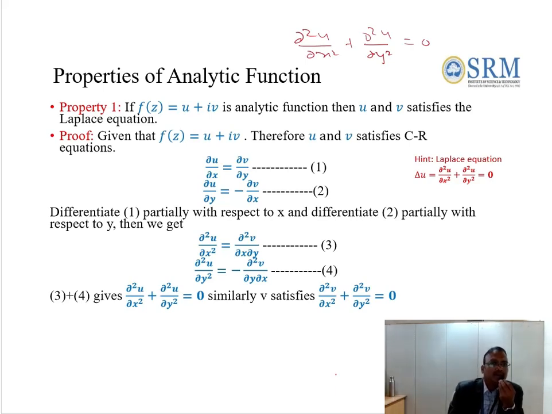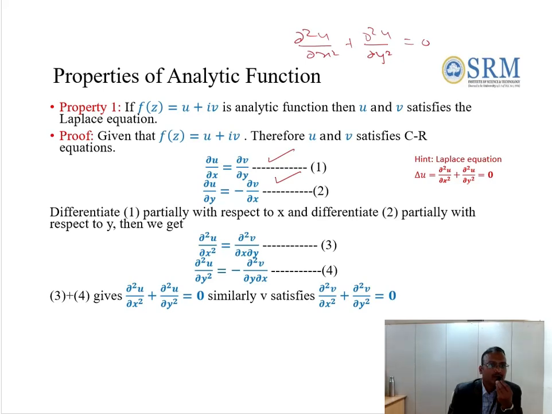See what is given to us? The function f of z is analytic. Therefore it satisfies the CR equations. The first equation is dou u by dou x equal to dou v by dou y, and the second equation is dou u by dou y equal to minus dou v by dou x. Then differentiate the first equation partially with respect to x and the second equation partially with respect to y.